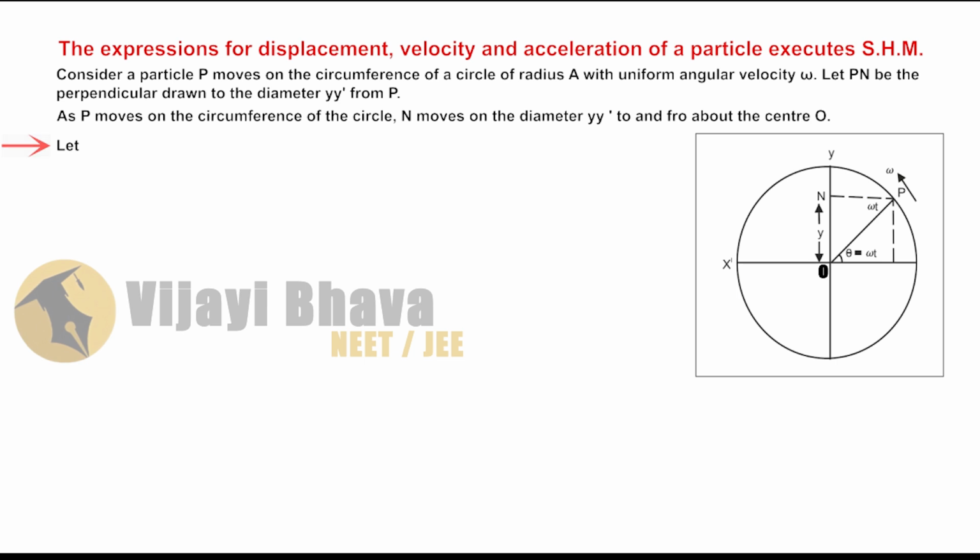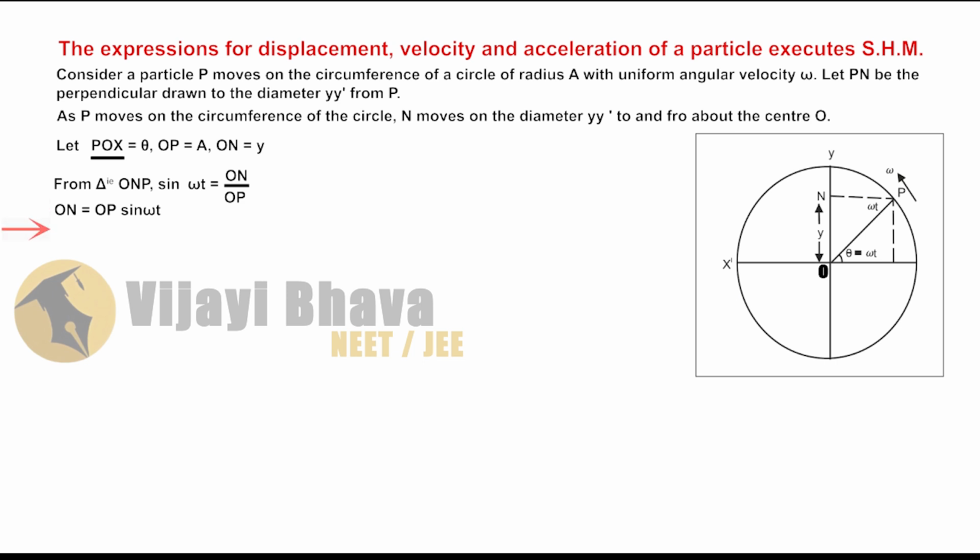Let angle POX be equal to theta, where OP is equal to A and ON is equal to y. From the triangle ONP, sin omega t is equal to ON by OP. Otherwise, we can write ON is equal to OP sin omega t.